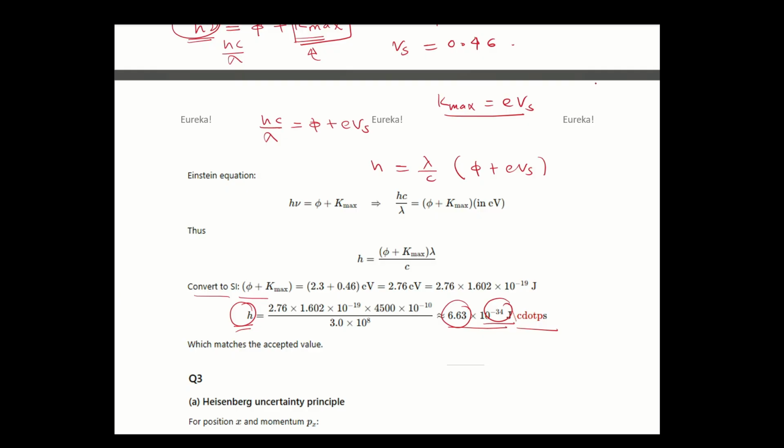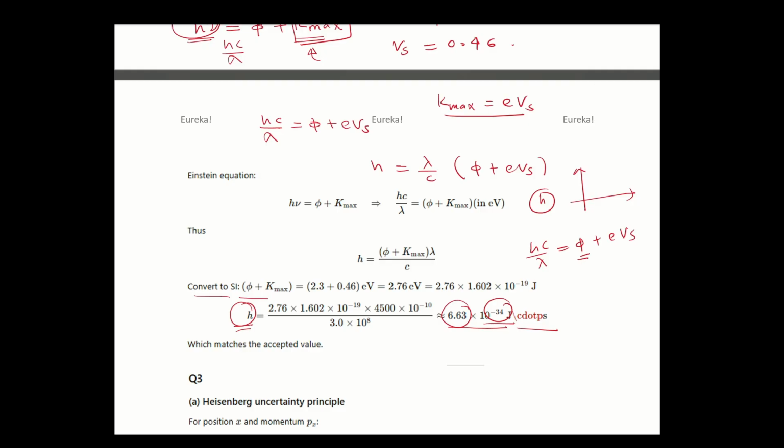In general, if we perform the experiment of finding the Planck constant, we naturally calculate h from the graph, from hc by lambda equals phi plus eVs.